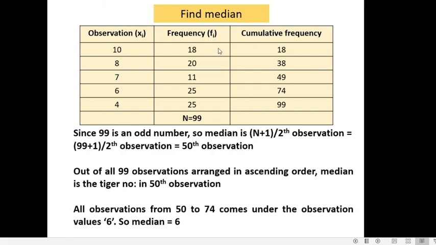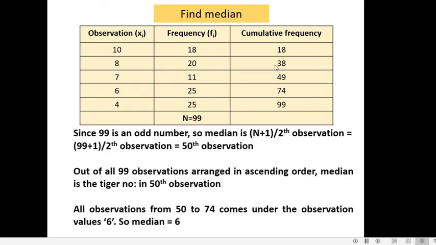How do we calculate cumulative frequency? Here the frequency is 18, so we write the corresponding cumulative frequency as 18 itself. Next cell, we add up the second frequency to the first. That is what is called cumulative frequency. So 18 plus 20 is equal to 38. Now we move on to the next cell, where we add this frequency to the next one.